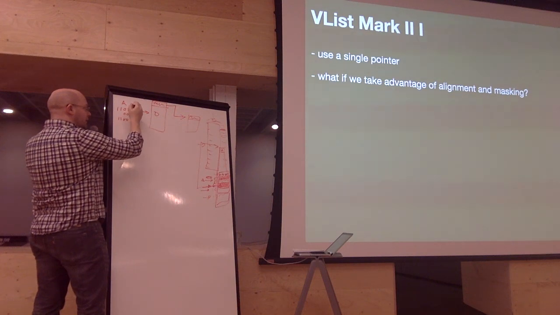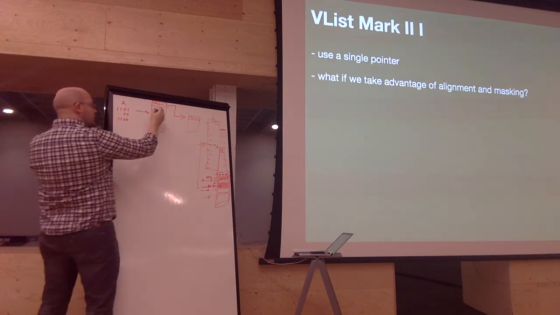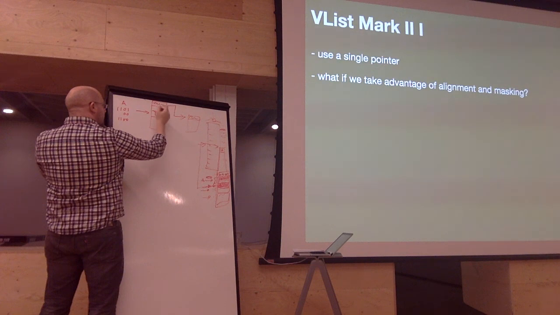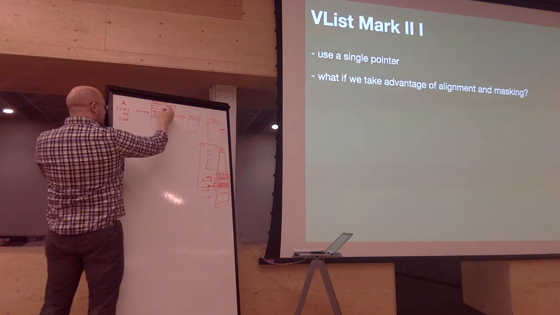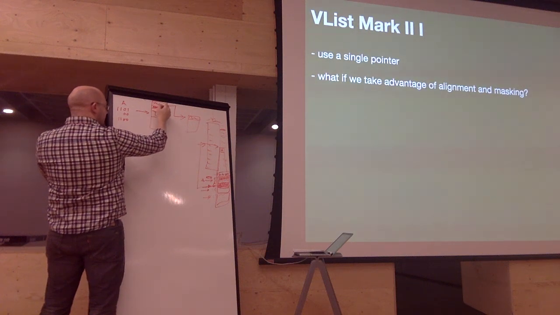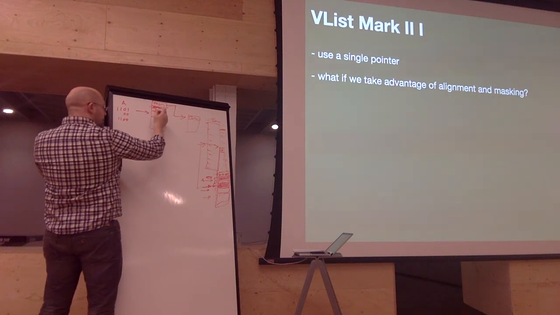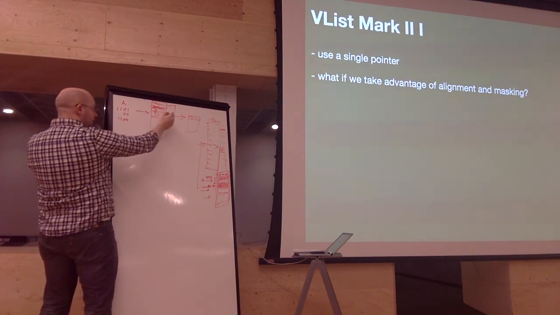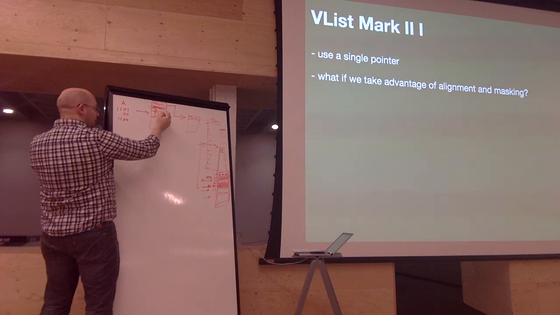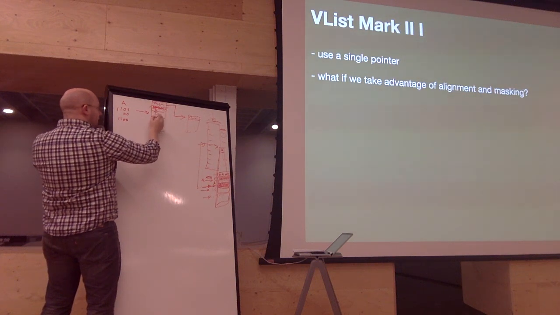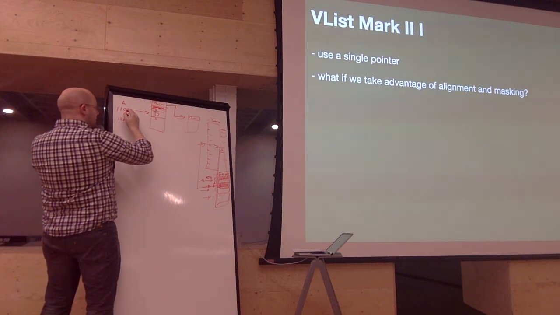So, as was pointed out earlier, if we mask off some bits at the end of A, we get this, and the number of data items in here is fixed. So in particular, it's 4. Let's say there's some stuff in here. This is more data. And then we've got the data item that we're pointing to, where this list actually starts. This is the head of the list. We've got one more data item.